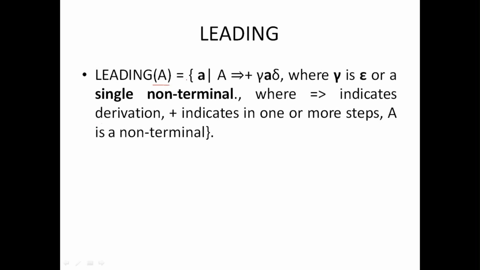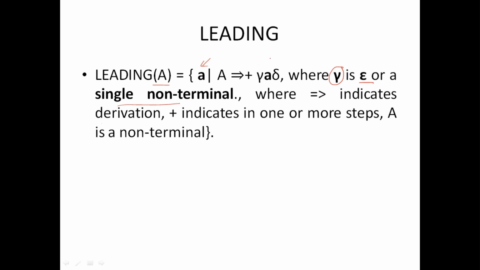Let us look at leading of A. A is a non-terminal. All such terminals a such that A derives, in one or more steps, gamma a delta, where this gamma can be epsilon or a single non-terminal.